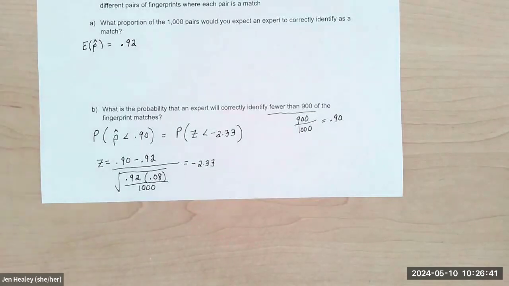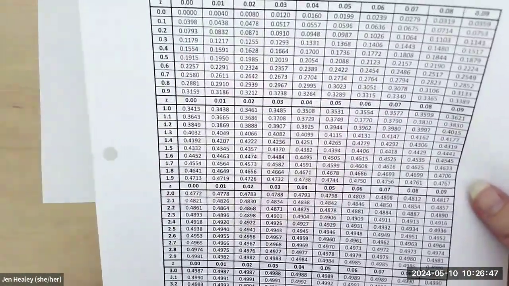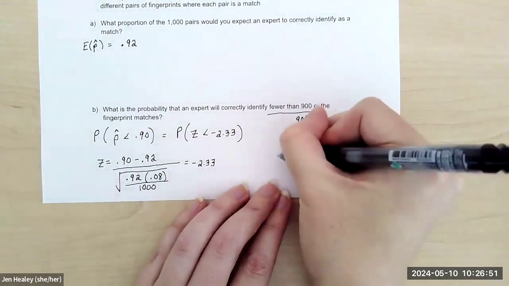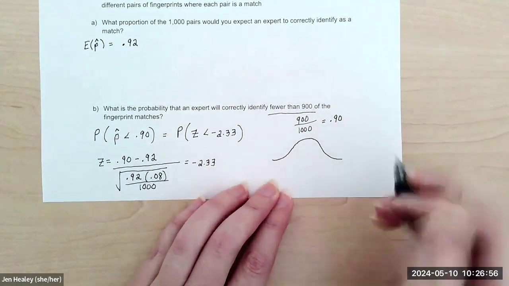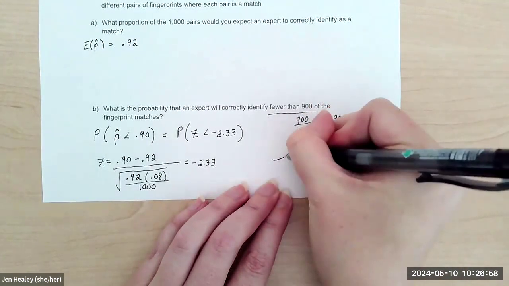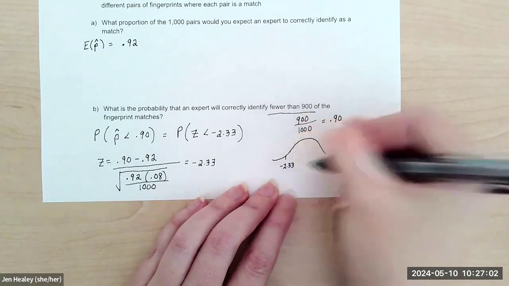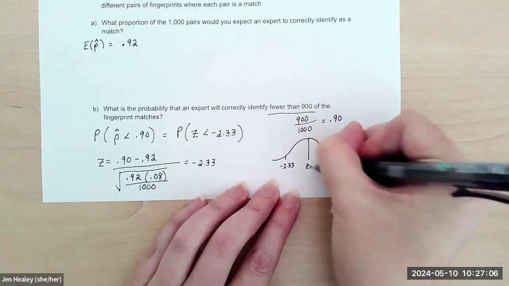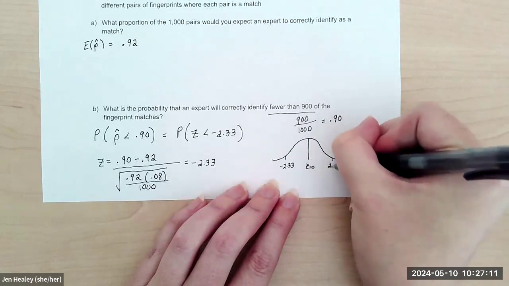My Lang people, we have to use the weird z table, and the weird z table only has positive z's on there. So this negative 2.33 is over here. But the table always tells me from z equal to 0 over to the positive version of that, so that would be positive 2.33.